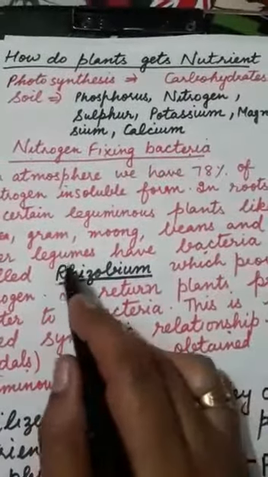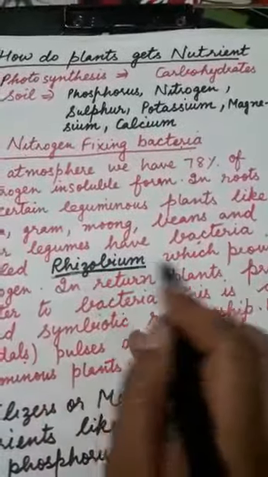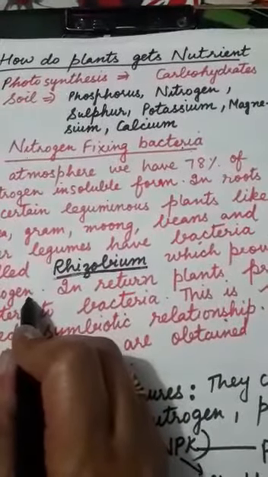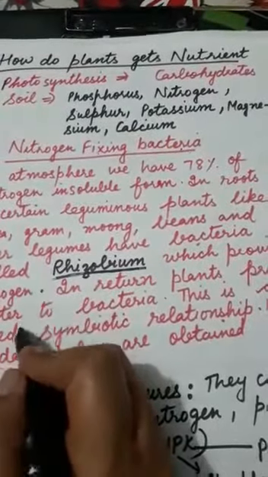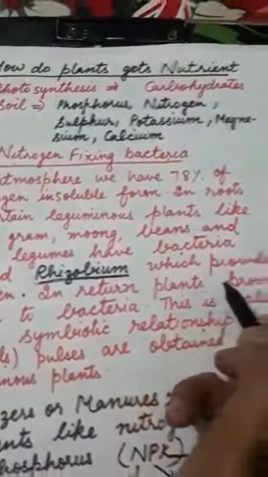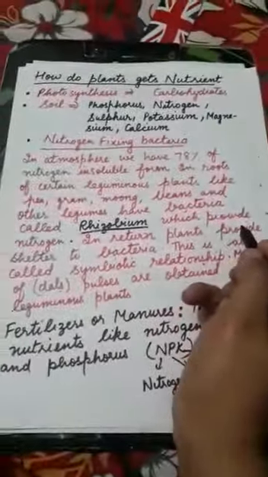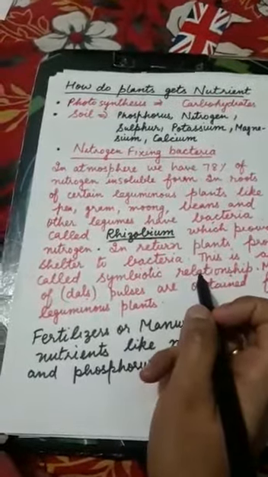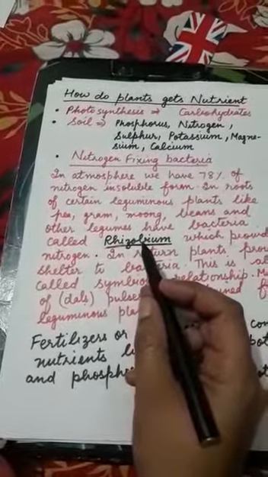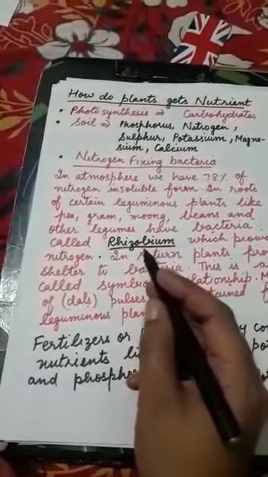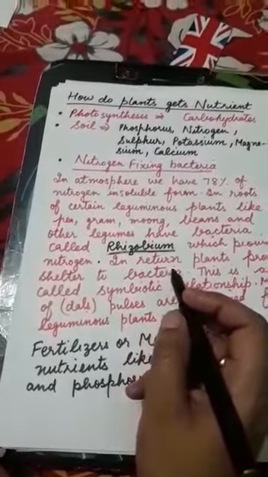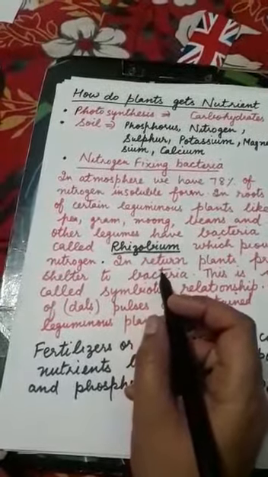And in the roots of leguminous plants, this rhizobium bacteria is present which provides nitrogen to the plant. In turn, the plant provides shelter to the bacteria, and this is also called symbiotic relationship, as both rhizobium and the plant are benefited from each other, because the plant is getting the nitrogen and in turn the rhizobium is getting shelter from it.